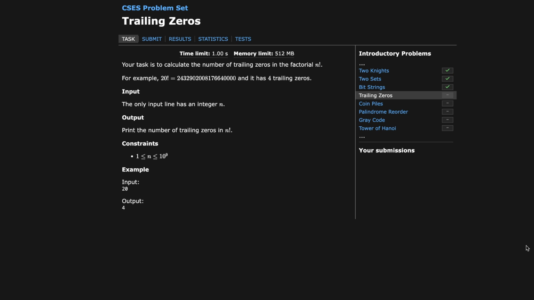So for example, the number of trailing zeros of the factorial of 50 will be 50 divided by 5, plus 50 divided by 25, and other powers of 5.